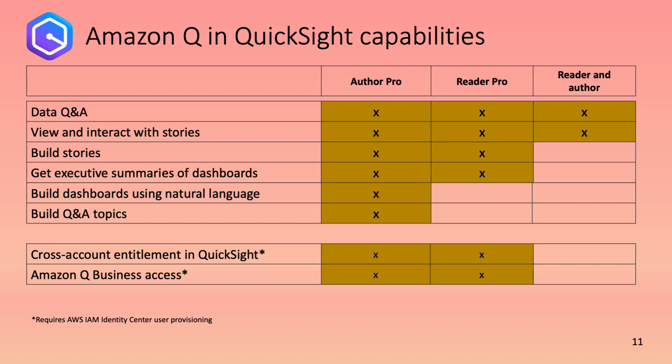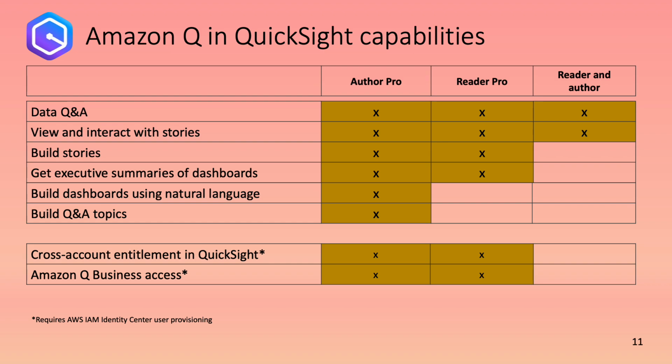It's about tailoring the capabilities to different user types. Amazon Q and QuickSight ensure that everyone in the organization can leverage AI-powered analytics regardless of their technical expertise or role-specific needs.